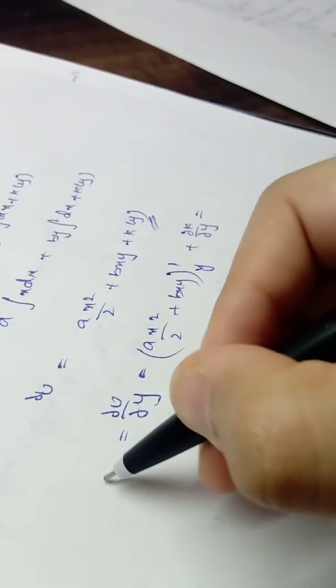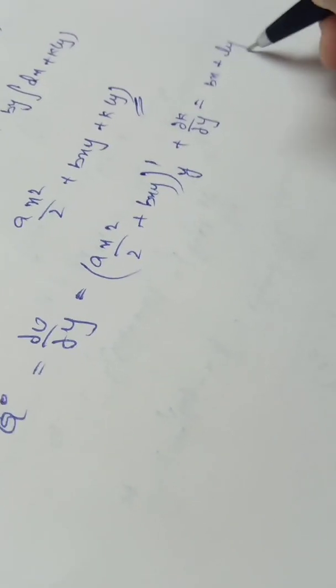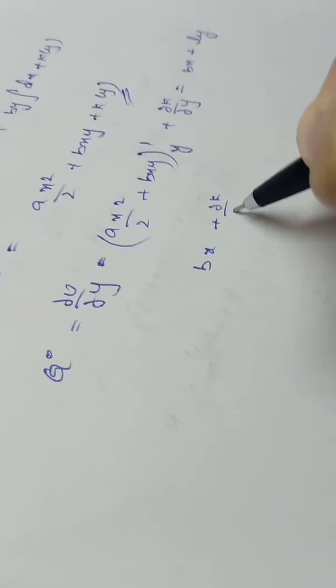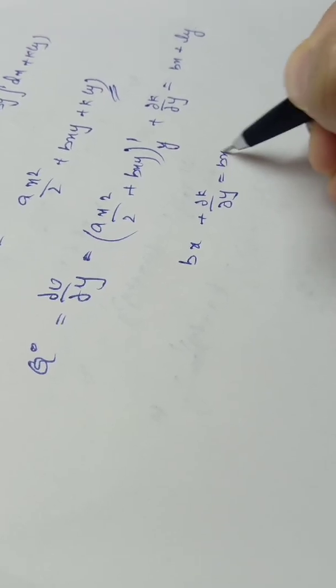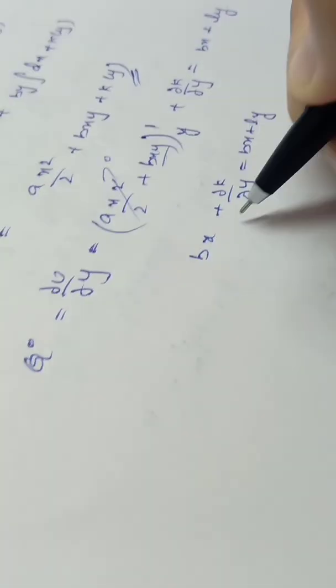This is Q that we found over here, so it equals Q. That implies bx + dk/dy = bx + ly. The first term is constant with respect to y, so it is 0, and bxy with respect to y gives bx.